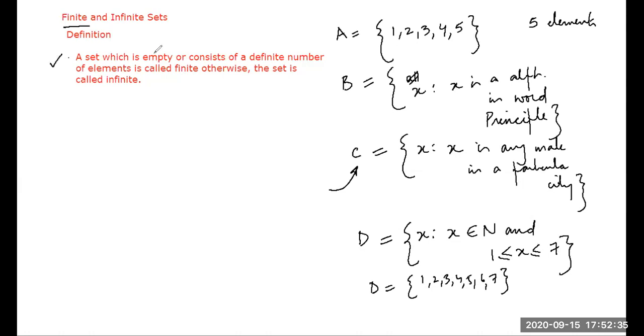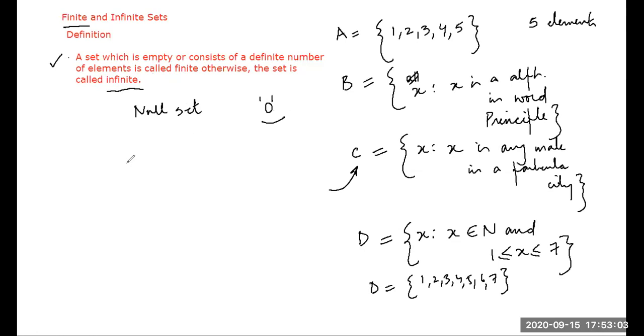A set which is empty or consists of a definite number of elements is known as finite. Otherwise, the set is infinite. Now, students, it's worthwhile to see that a null set is also a finite set, because it has 0 members, and 0 can be counted. So a null set is also a finite set.